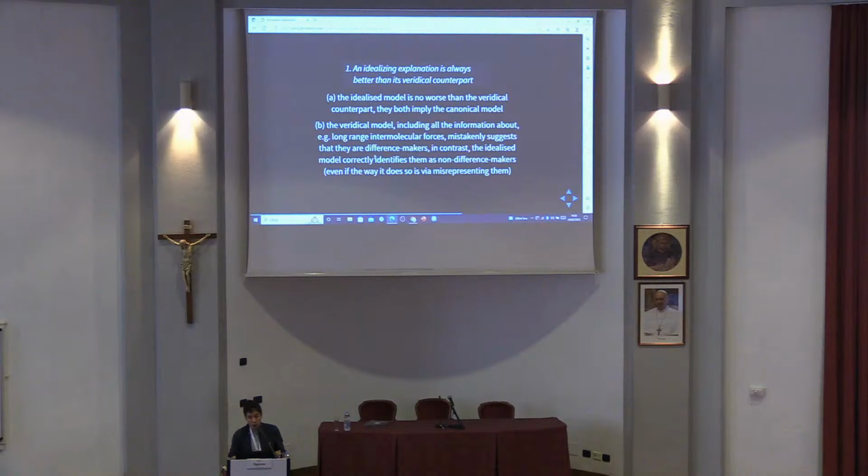And in that sense, it's worse than your idealized model, which correctly represents long-range intermolecular forces as not making a difference, but it does so via this unveridicality, via this inaccuracy. So it says they don't make a difference, and it does so by setting it to zero, which is something that we know is actually false.